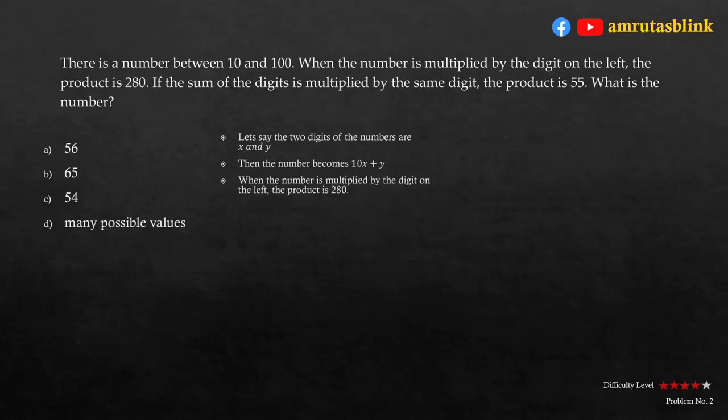Now it's given that when the number is multiplied by the digit on the left-hand side, the product is 280. So from this 10x plus y, the digit on the left is x, and hence we get the equation x into 10x plus y is equal to 280.